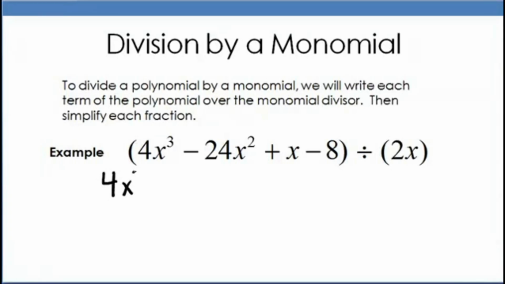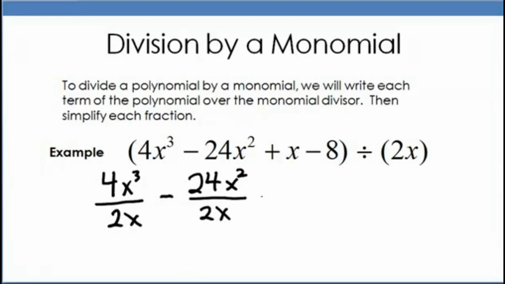So we have 4x cubed over 2x minus 24x squared over 2x plus x over 2x minus 8 over 2x. And now we'll simplify each fraction. In the first fraction, we will divide out our 2.